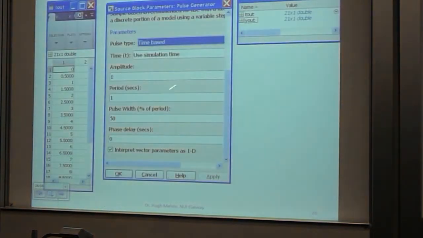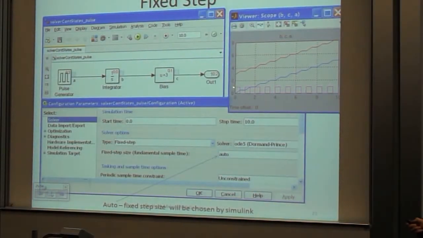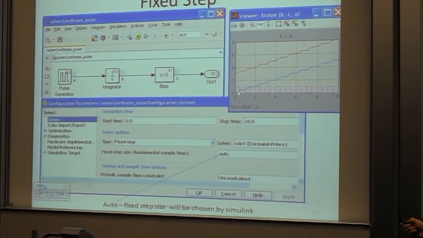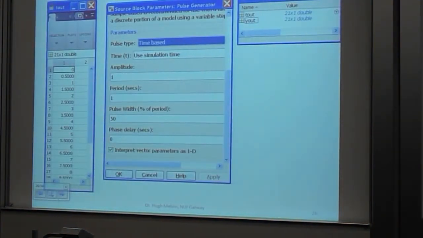So we're running for 10 time units. Here's our pulse. The pulse has an amplitude of 1, a period of 1, and a pulse width of 50%. So it's on for 50% of the time. When you run that model, and of course Simulink decides what the step size would be, what is the step size?